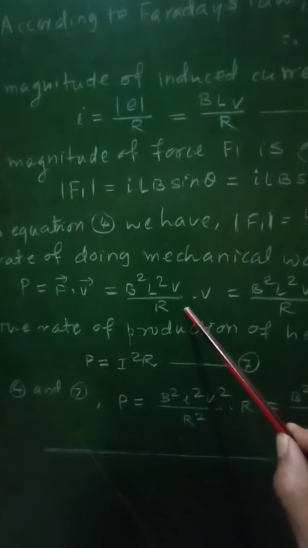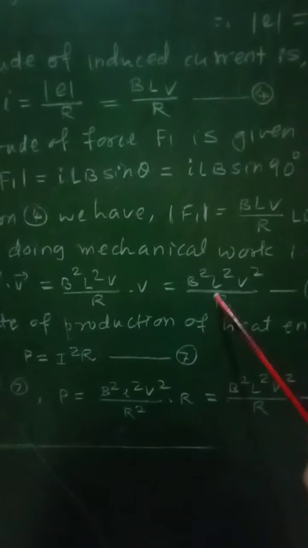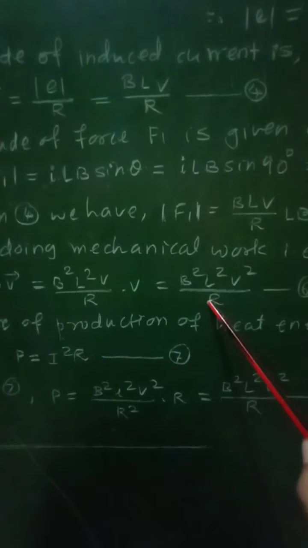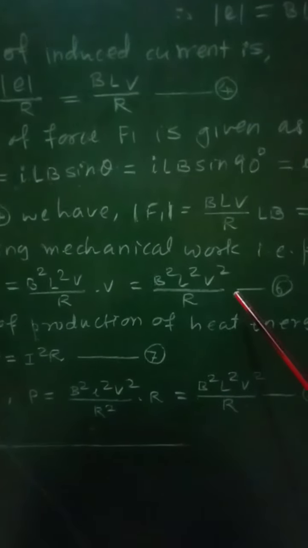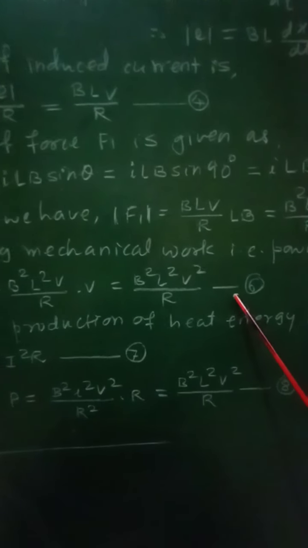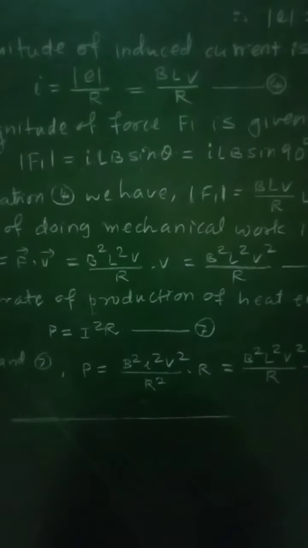We have considered only magnitude here, so that will be equal to B square L square v square upon R. Let it be equation number 6. This gives the mechanical work done.